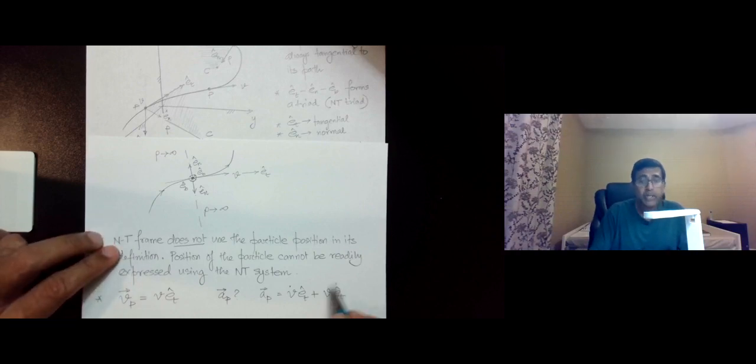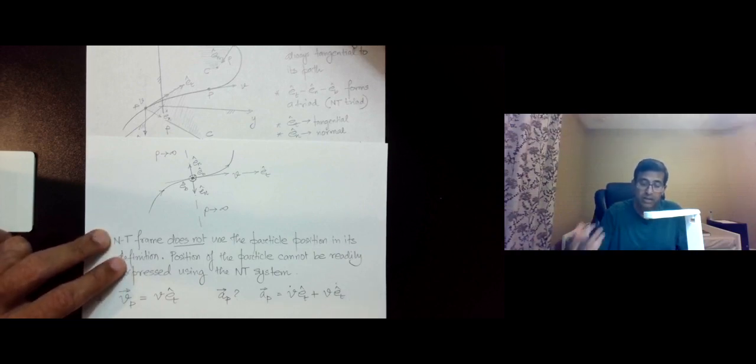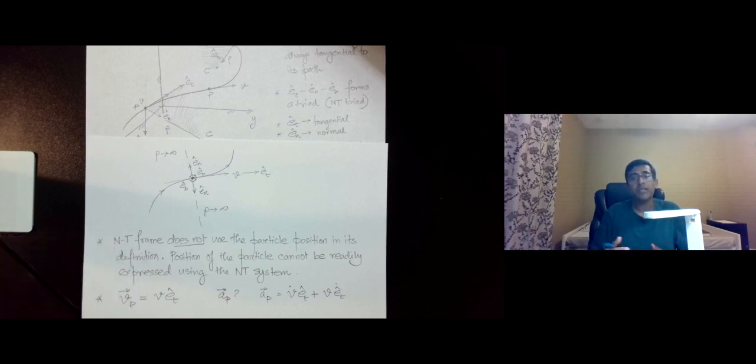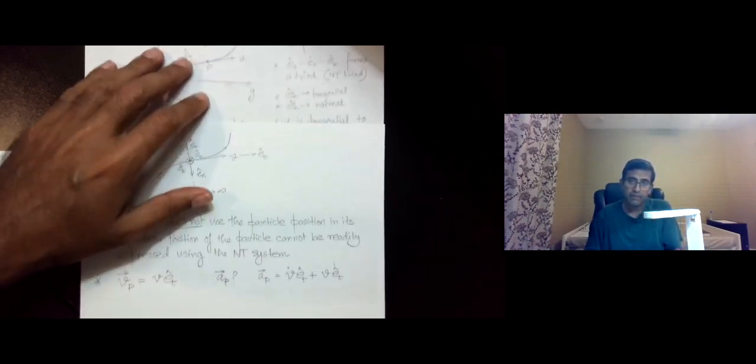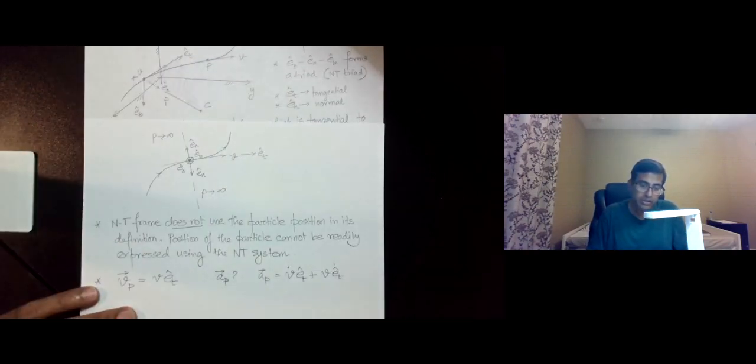So therefore we need to do et dot. This is one of the different types of rotating coordinate frames that we use in solving problems in dynamics. So then the question is, how do we find et dot?